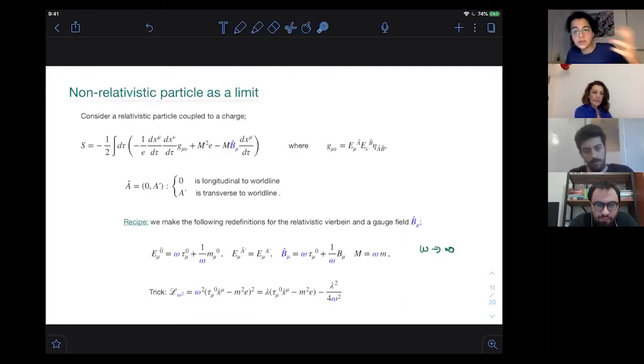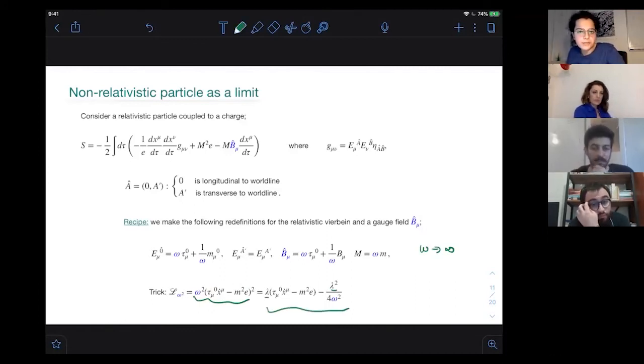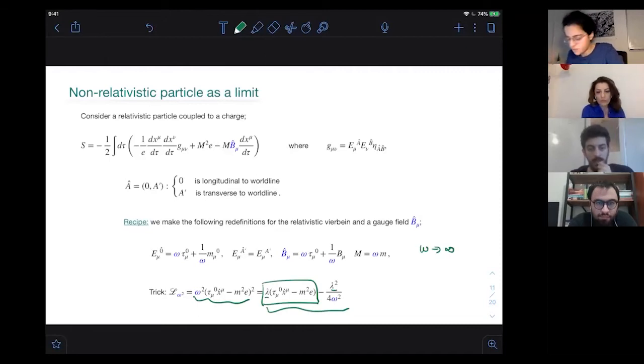And if you have a square expression as a divergent term, there's a known trick. You introduce a Lagrange multiplier lambda and rewrite the same term by introducing the Lagrange multiplier. The funny thing is that if you solve for the Lagrange multiplier lambda, you go back to the original action. But if you take the limit on the right-hand side, this is a finite Lagrangian, which is what we want to get, because there is no positive power of omega, which is good.